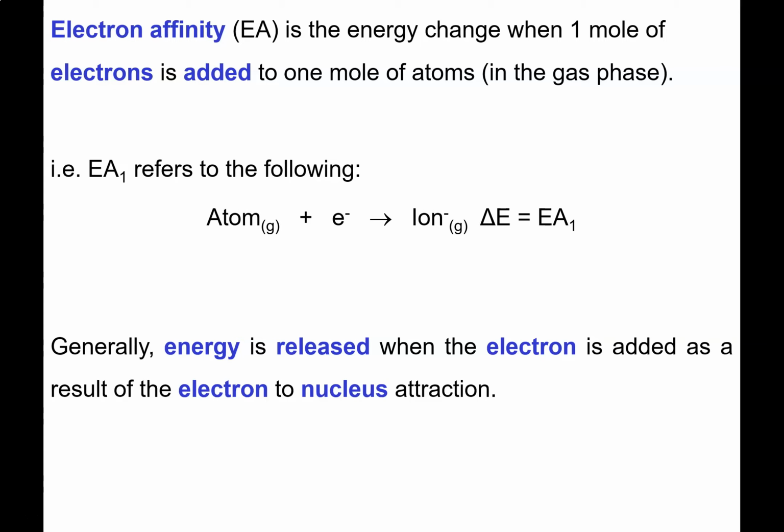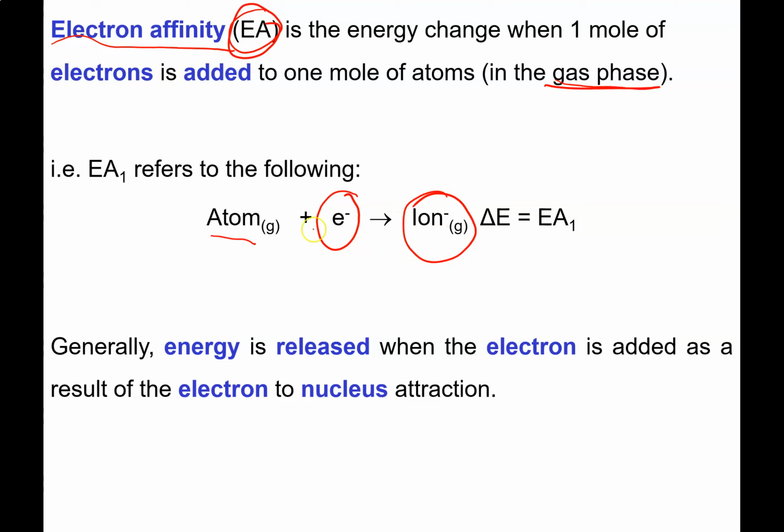Our final property that we're going to look at is called electron affinity, often given the symbol EA. It's the energy change when 1 mole of electrons is added to 1 mole of atoms, again in the gas phase. So we take our neutral atom, add an electron, and form an anion.